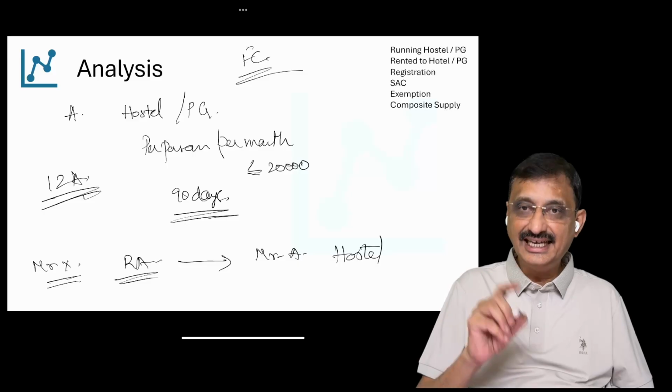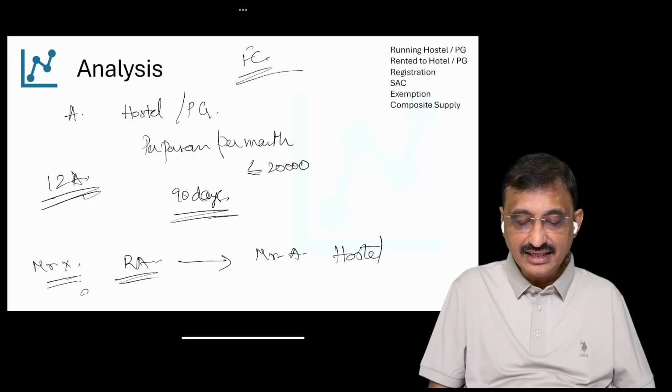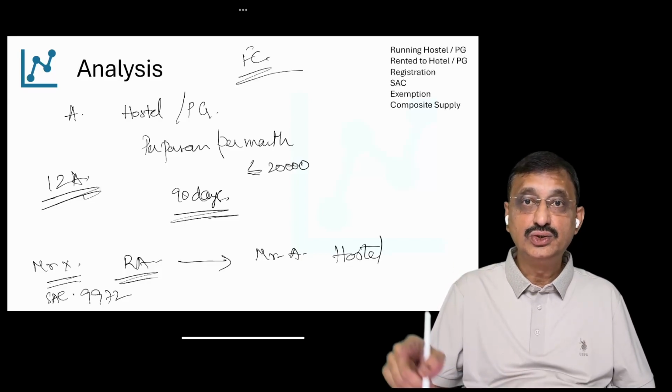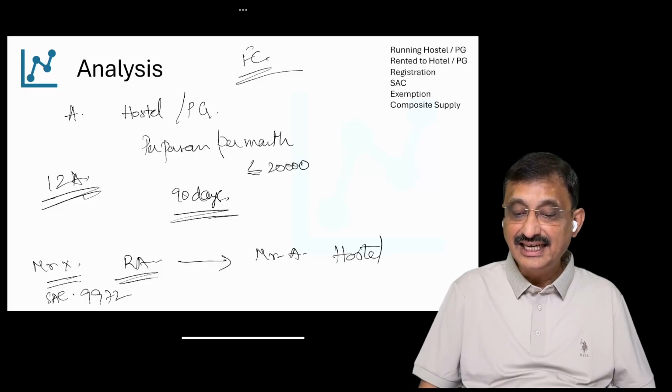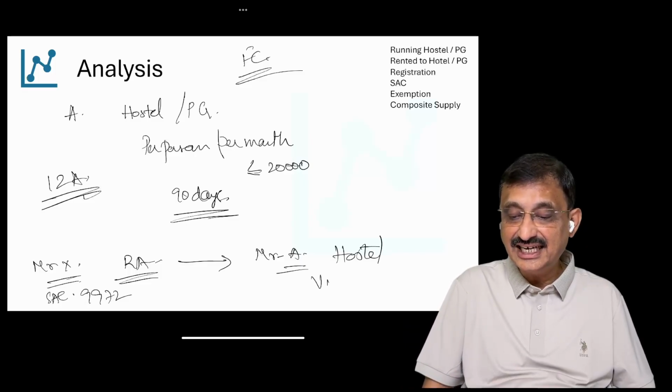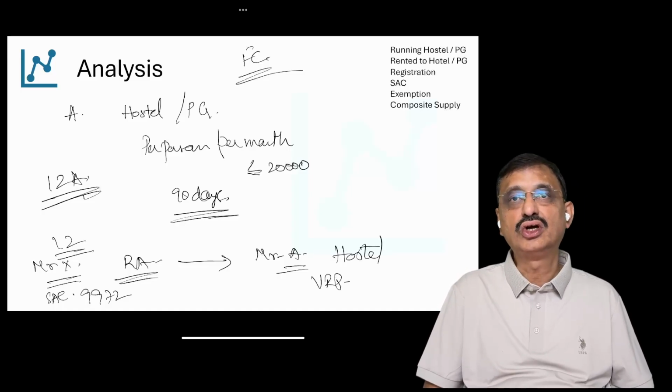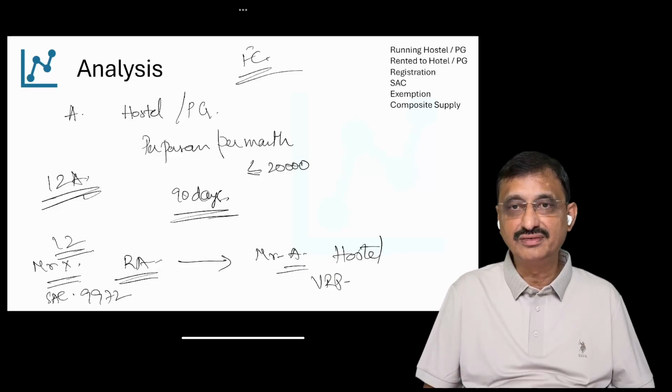Now, Mr. X will come under SAC code 9972, residential dwelling used for residence. And if Mr. A is an unregistered person, this fellow will get exemption by entry number 12 of the exemption notification.